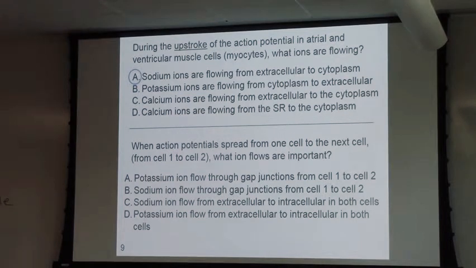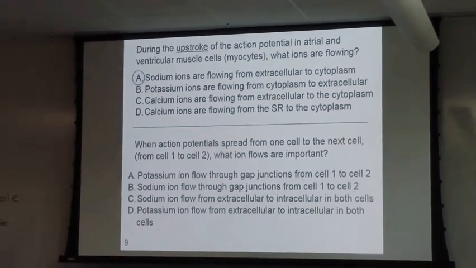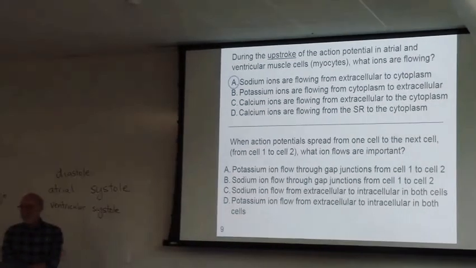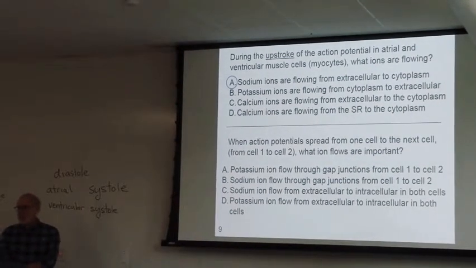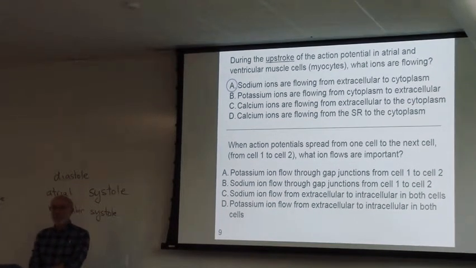So when action potentials spread from one cell to the next cell, what ion flows are important? And I'll give you a hint. There's more than one correct answer to this question.